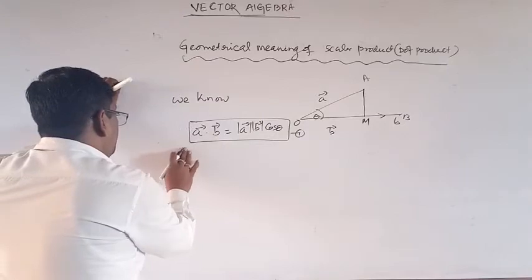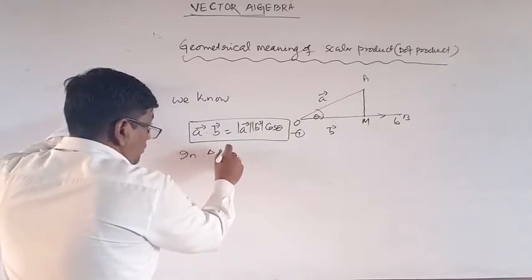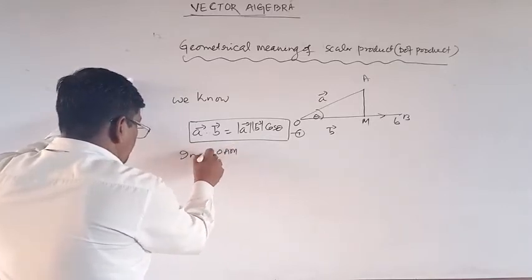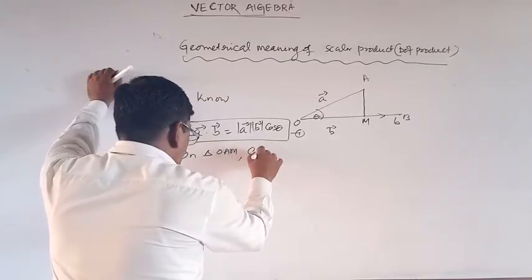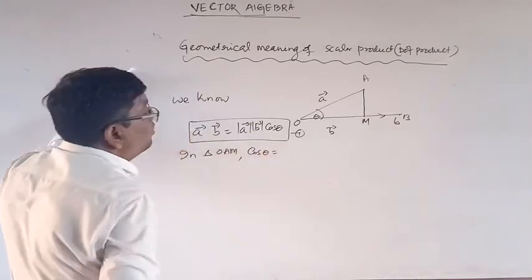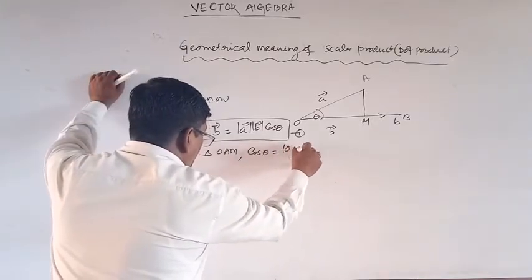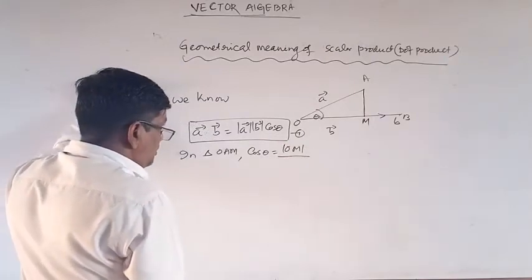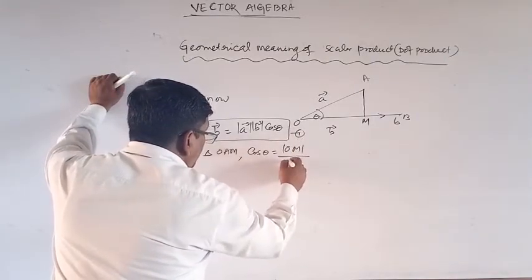In the figure, in triangle OAM, cos theta is equal to OM by OA.